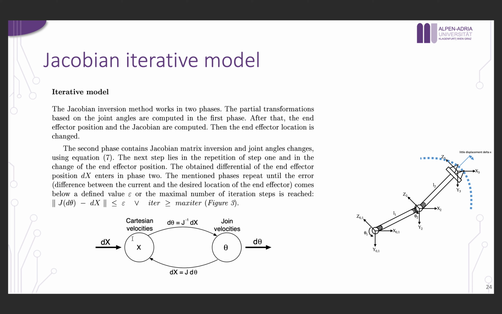If this inverse is perfect, or correct, which is not the pseudo inverse, then this delta x is equal to that. So the difference between them is 0.